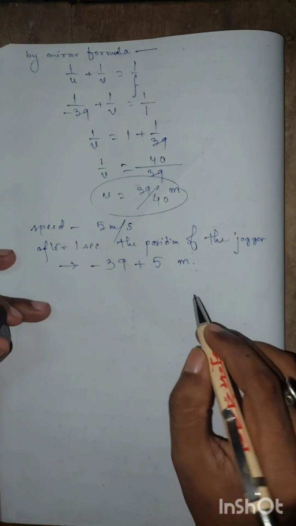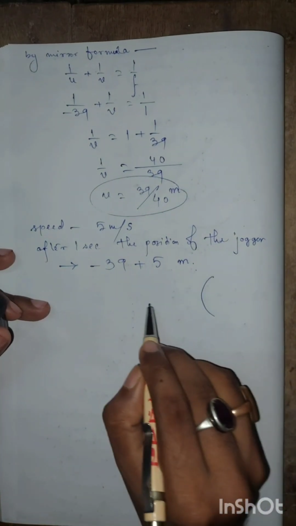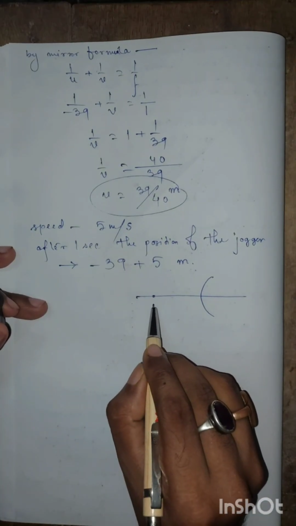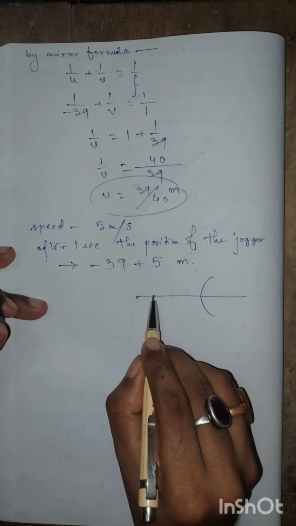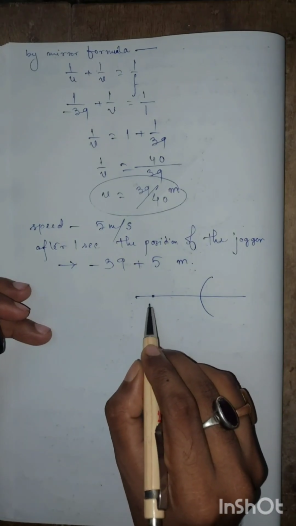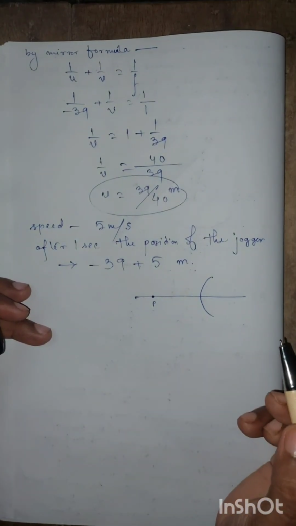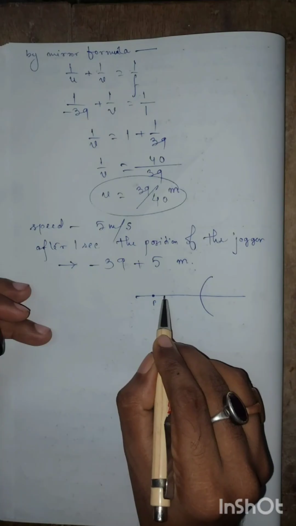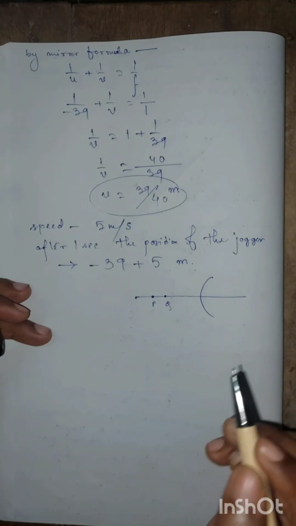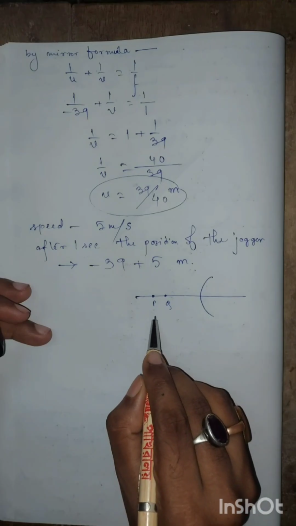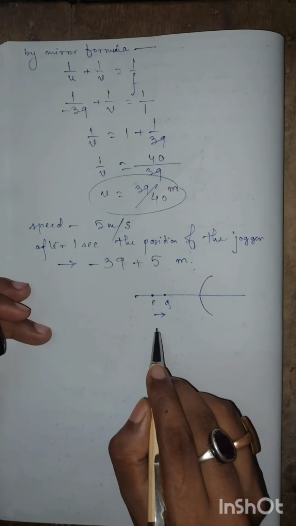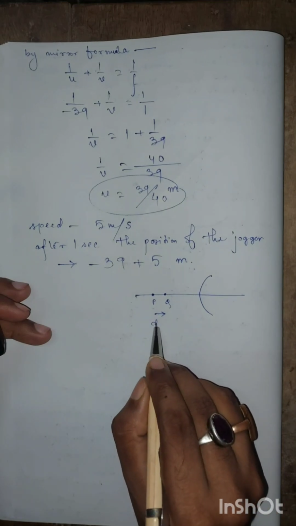This is something like this. This is our convex mirror. Now the jogger is at this position. He is running, so his position is not fixed. So the jogger was first at position P. Now after 1 second, his position is changed to Q, and he is running in this direction. That means he is running in the direction of light.